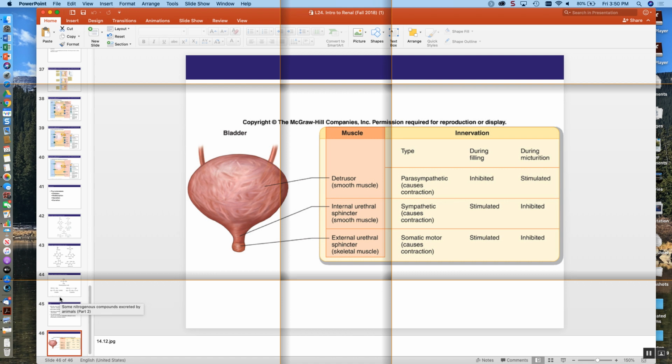But nothing should happen until you voluntarily relax those skeletal muscles. You control urination most of the time, unless there's something really wrong. Pretty good?